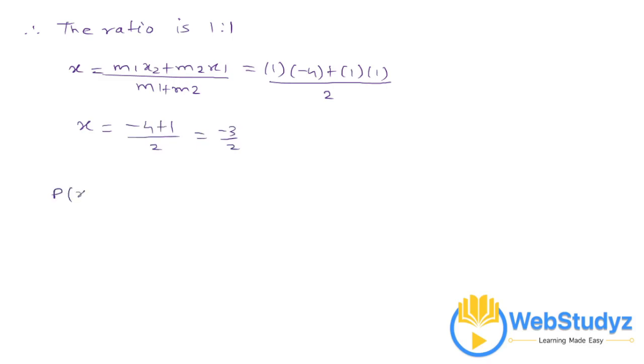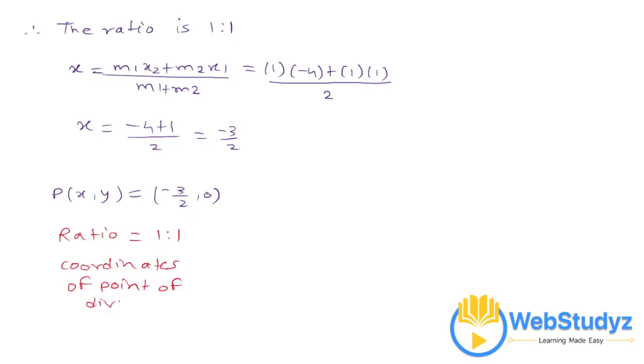So the x and y coordinates of this point of division are (-3/2, 0). Therefore the ratio in which it divides comes out to be 1 is to 1, and the coordinates of the point of division are (-3/2, 0).